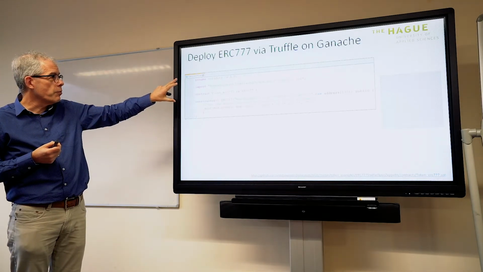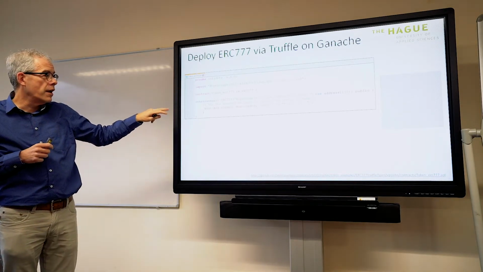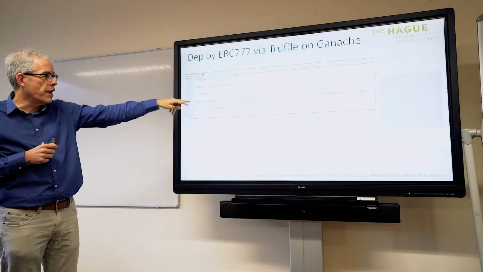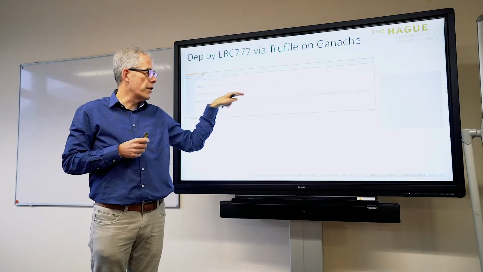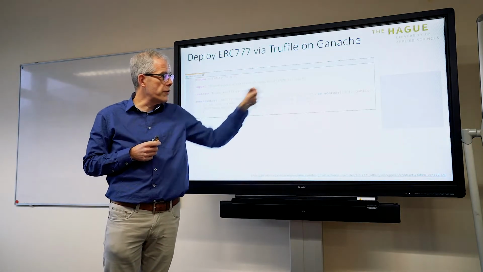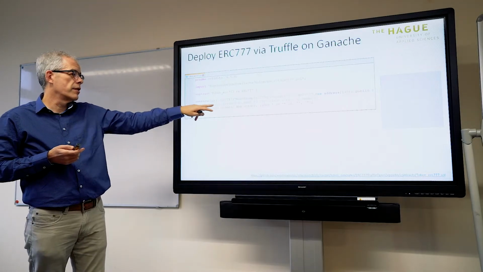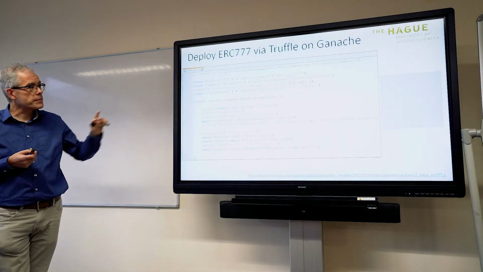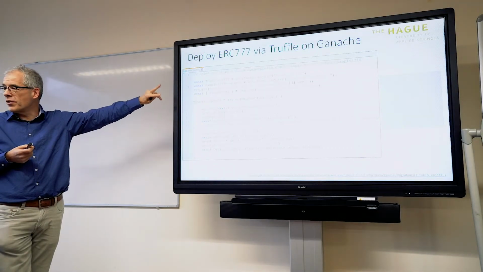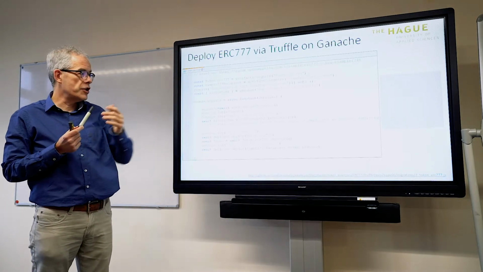We have a small piece of Solidity which is similar to the one before. Only the name of the function is different, of course, but you still have the name of the token and the short part of the token. And you're going to mint some tokens. But this part is a little bit different: the deployment of the smart contract on the chain.